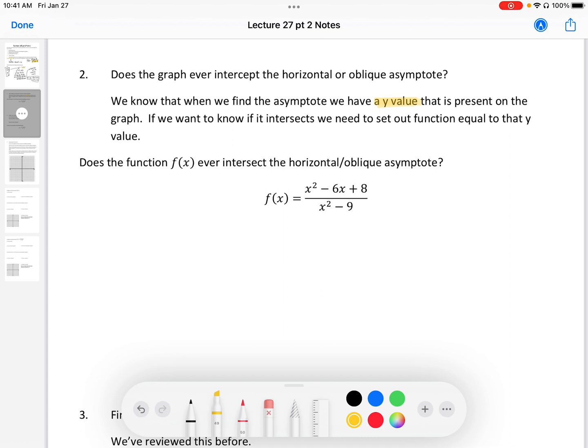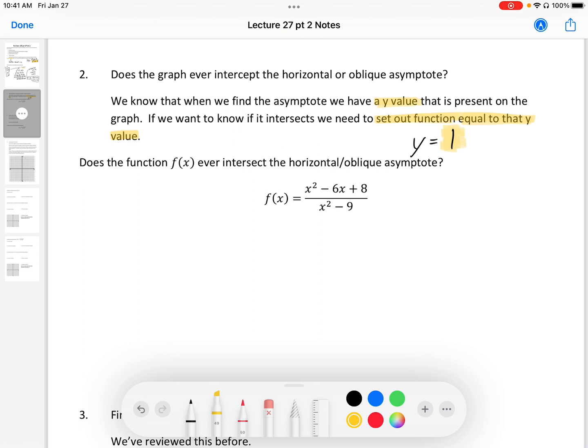So we get something like y equals 1 for our y value. So I know that the y value of 1 is present on the graph. If I want to know if that intersects, I need to set our function equal to that y value, whatever we found for our horizontal or oblique asymptote.